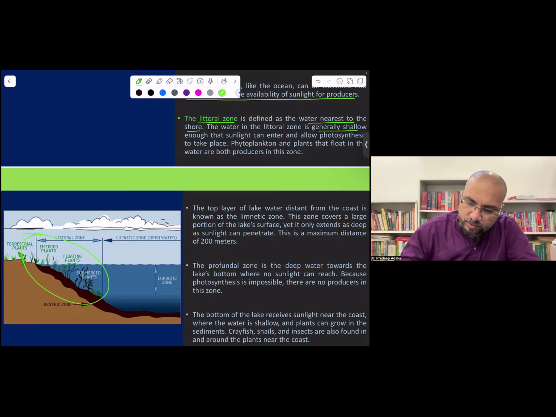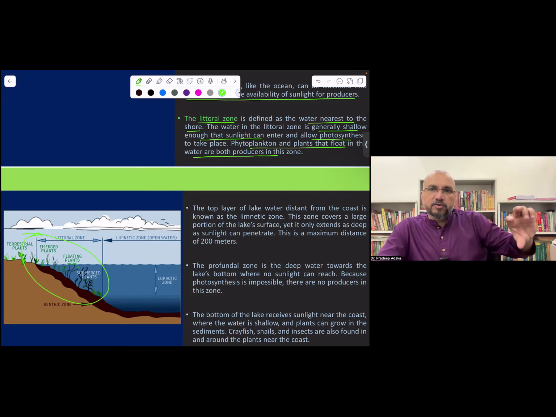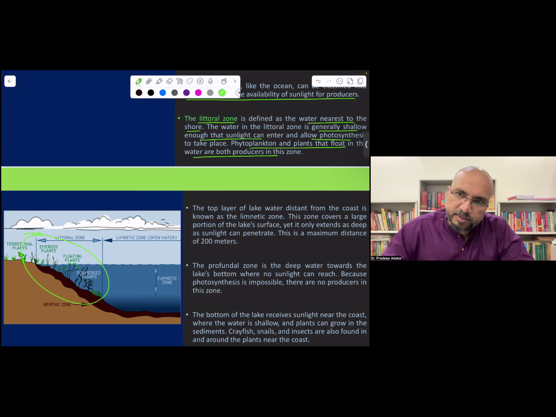It is generally shallow enough that sunlight can penetrate and allow photosynthesis to take place. Phytoplankton and plants that float in the water are the producers in this zone. So the littoral zone is shallow water near the shore, where sunlight can penetrate and plants can grow because of the presence of sunlight.